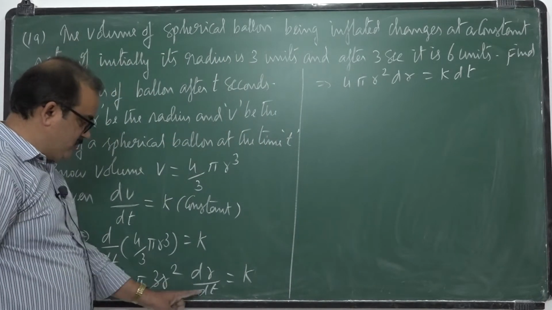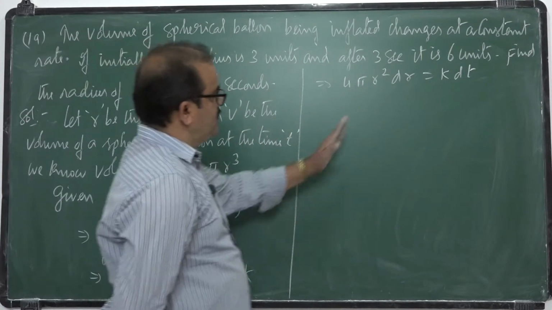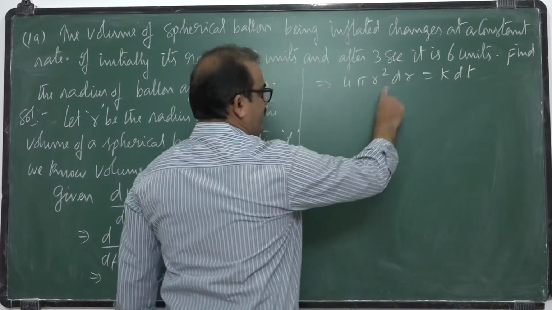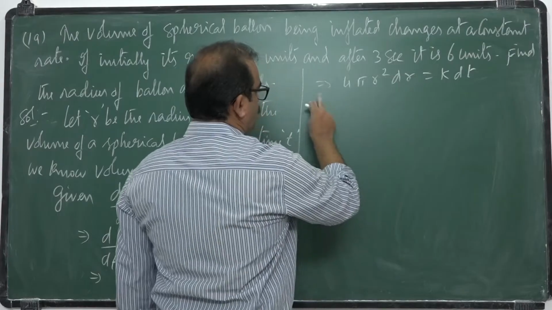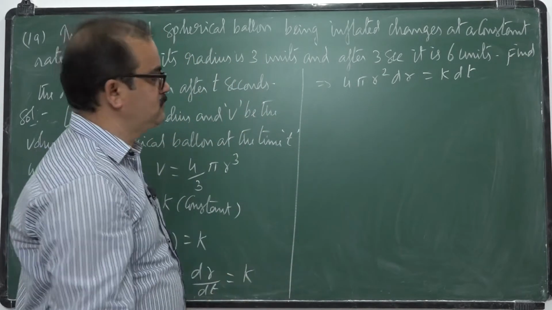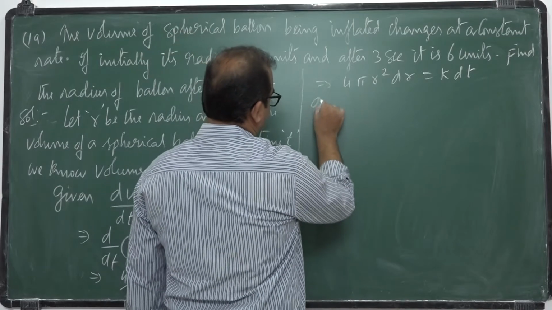Here there are two variables r and t. Now separate the variables r and t. The variables are separated. Once the variables are separated, on integrating we get the solution.